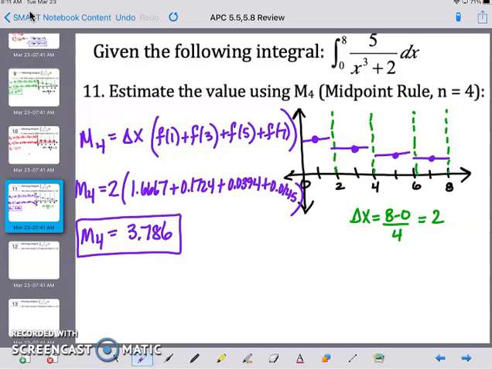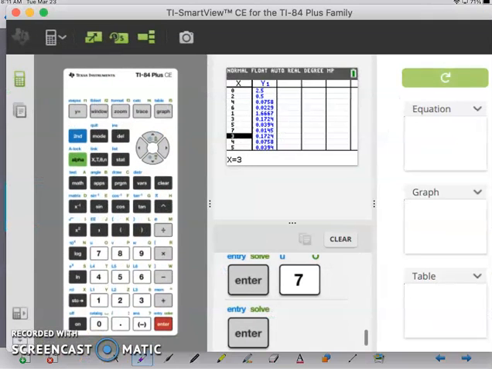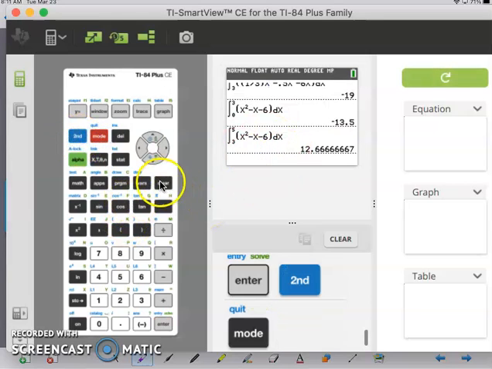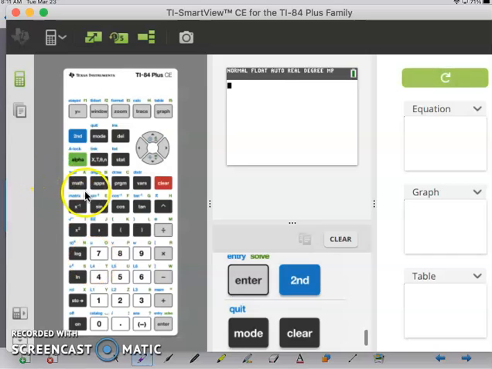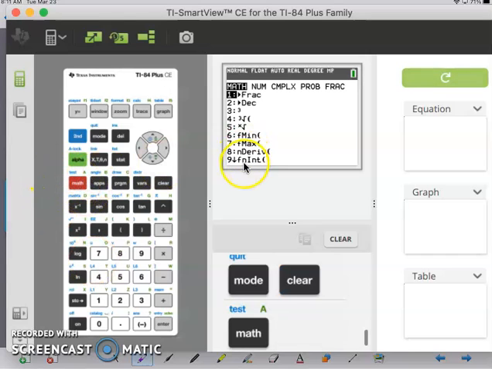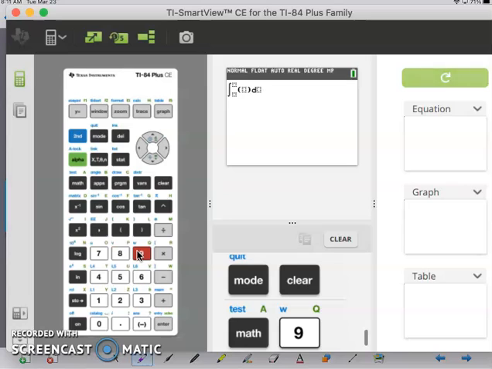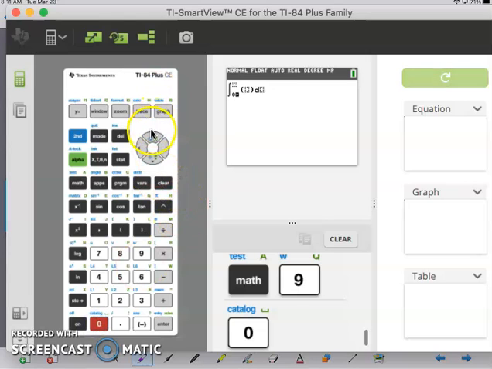Now, just because I'm curious, what is the exact value of this integral? Well, again, let's go back to our calculator, because remember, with FNINT, we can calculate exact values of integrals. So I'm going to go to second level quit, which is going to take me back to my math screen here. And then under the math key, number 9 is our FNINT. So I just have to type my integral in here. I am doing the integral from 0 up to 8.